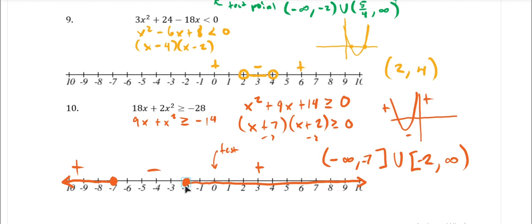And then we want to know about the distribution of signs. Well, again, this is a positive leading term, which means it's an upward facing parabola with two distinct roots. So it's going to go from positive to negative and then back up to positive again. The question is asking for, where is it positive? So we're going to shade where we see pluses, and that's going to give us these two intervals here. Put them together with the union symbol, and that's all she wrote.